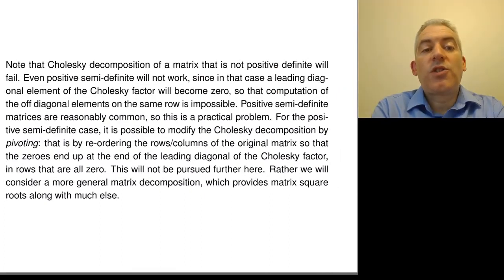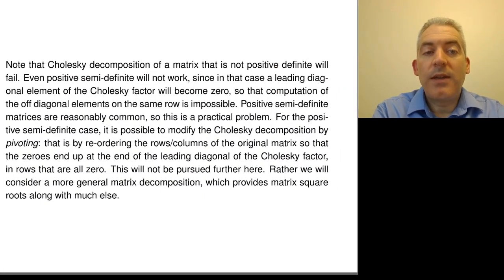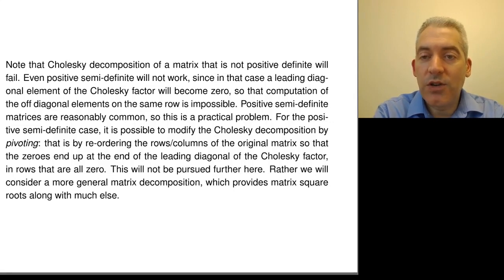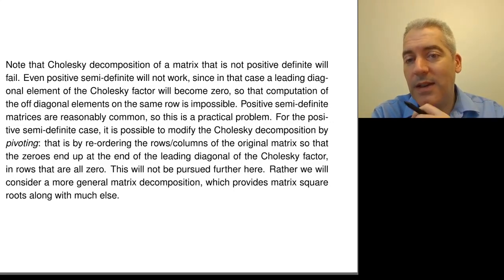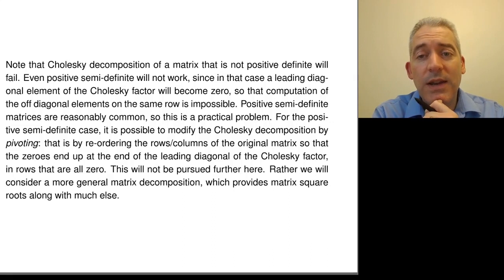So far we've been assuming that the matrix we're interested in doing the Cholesky decomposition of is a strictly positive definite matrix. That means no zero eigenvalues. If the matrix is only positive semi-definite, and some covariance matrices are, so we're typically thinking about variance-covariance matrices here.